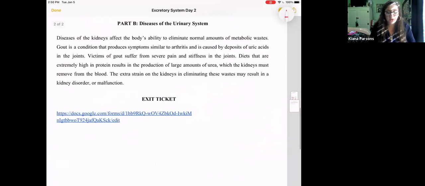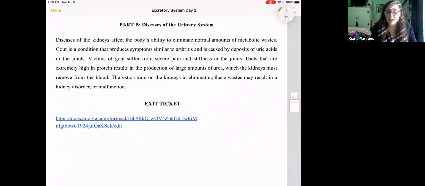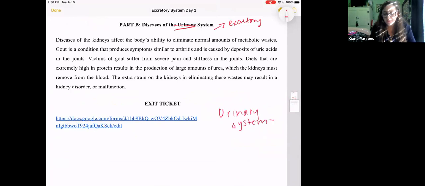So now let's talk a little bit about diseases of the urinary system or the excretory system. And so when we're talking about the urinary system, that's really just the kidneys, the tubes leaving the kidneys, which are the ureters, obviously the urethra.